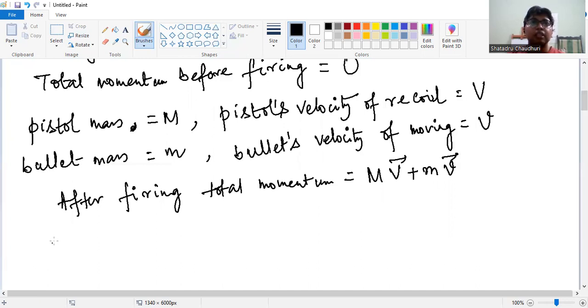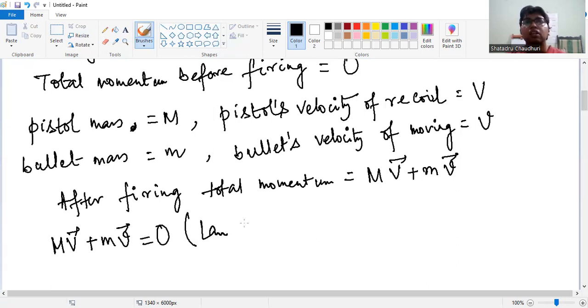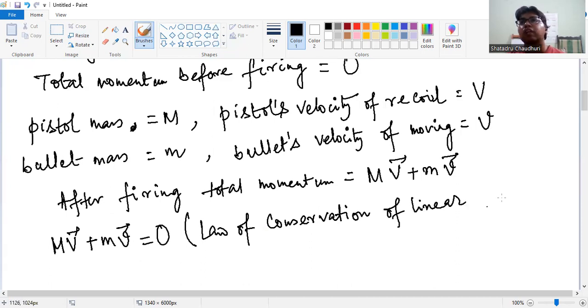So in that case MV plus mv must be equal to zero, because this comes from the law of conservation of linear momentum.